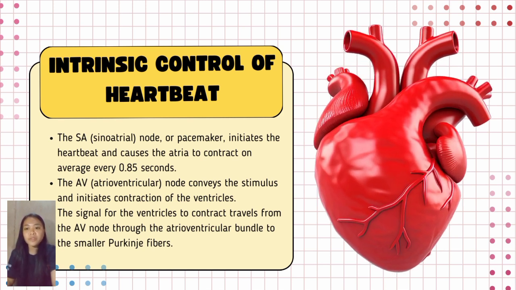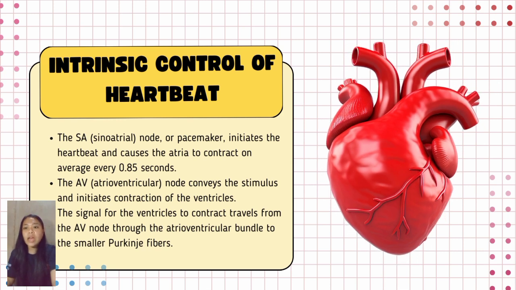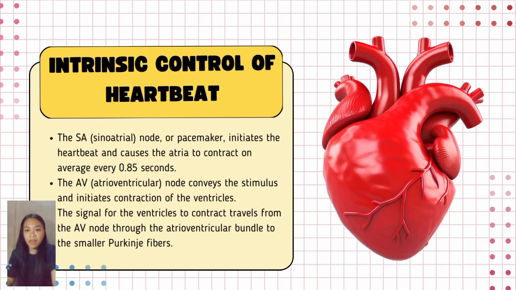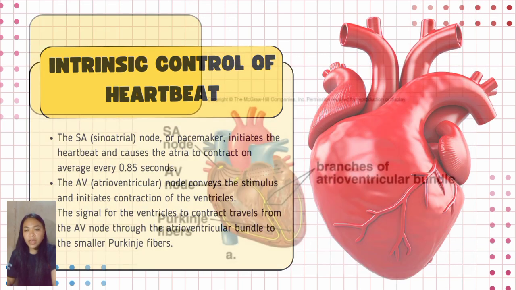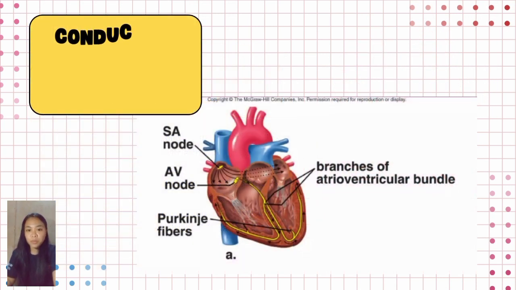The signal for the ventricles to contract travels from the AV node through the atrioventricular bundle and smaller Purkinje fibers. This is the conduction system of the heart. Take a look at the picture below and you can see how it looks.